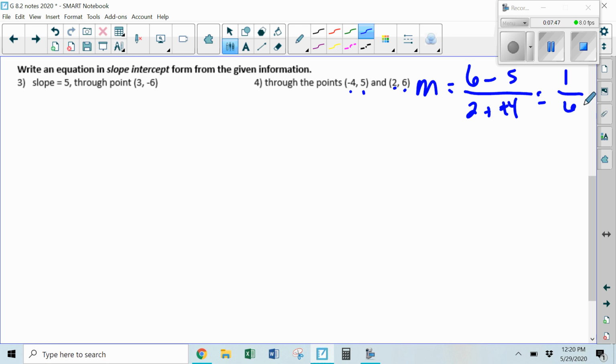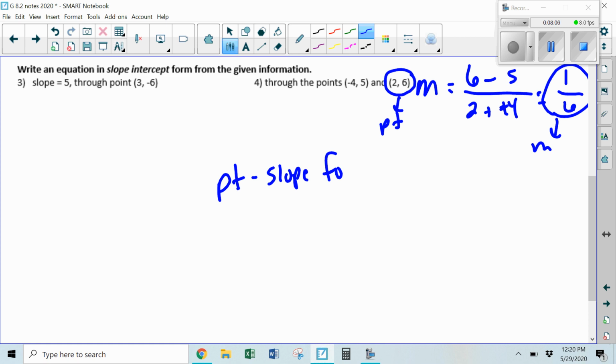So now I took my given information. I now have a slope and 2 points. Pick either point you want. I think it might be actually easier to pick this point because there's no negatives. So now we have a point and a slope. So let's do point slope form first. Here we go.